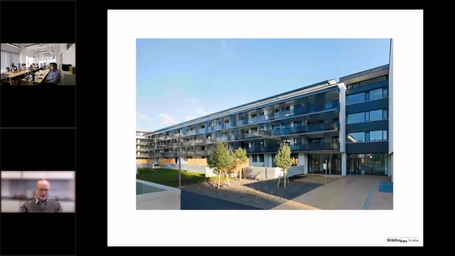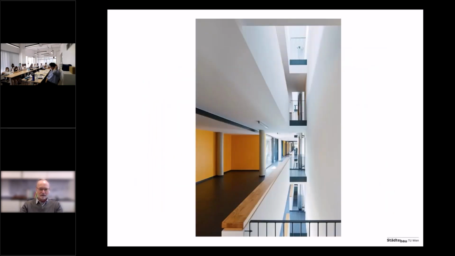Here we see a very typical residential building for this affordable housing program of the city of Vienna. You have playgrounds for small children, you have green space, recreational space. You always have a terrace or a balcony or a loggia in front of the apartment, but also the facilities to provide some shade. These are the corridors.